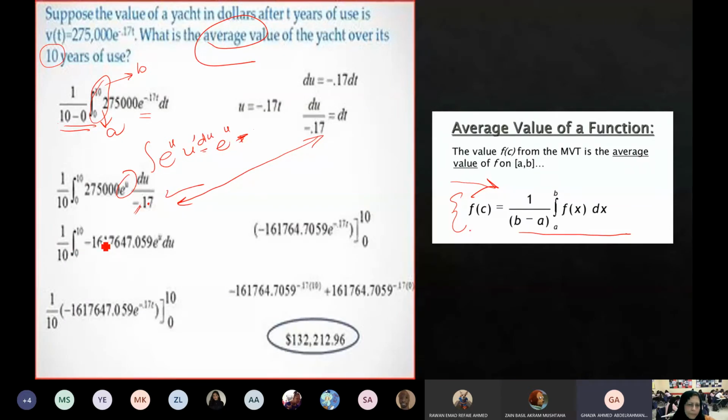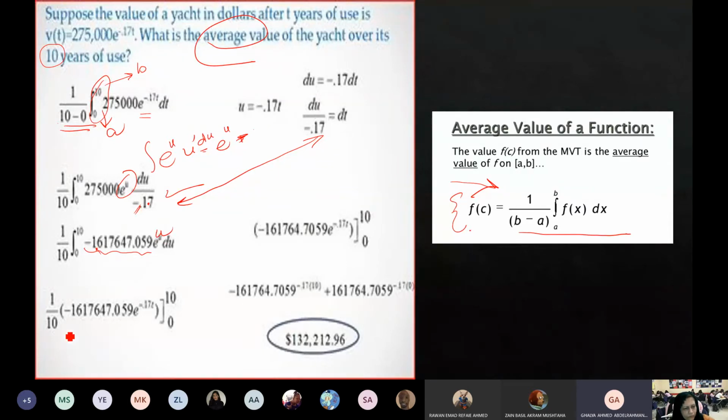On the fourth step, 1 upon 10, integral from 0 to 10, we are going to use our calculator to find the value of 275,000 divided by negative 1.7, so we're going to get negative 161,764.059 times e raised to u du. Now we're going to integrate it.